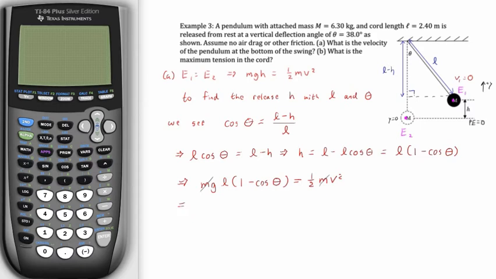Okay, so as we solve for v, we're going to get that v is going to be the square root of 2 times g times L times 1 minus cosine theta. Okay, like so.